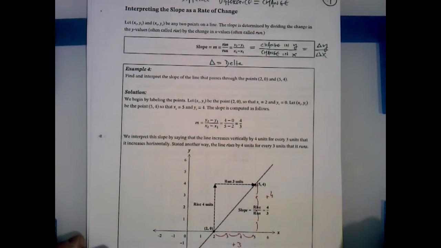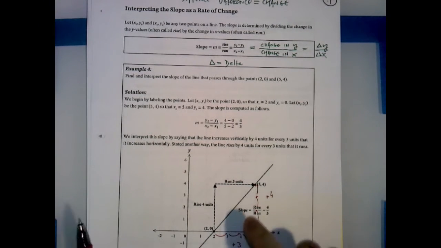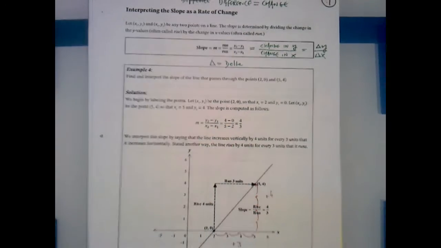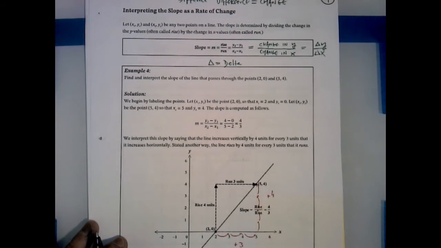The way the line works is that this works if you start at any point. If you start at any point and do this rise over run business, it's always going to be 4/3 when you simplify the fraction. That's what it means for the rate of change to be constant.